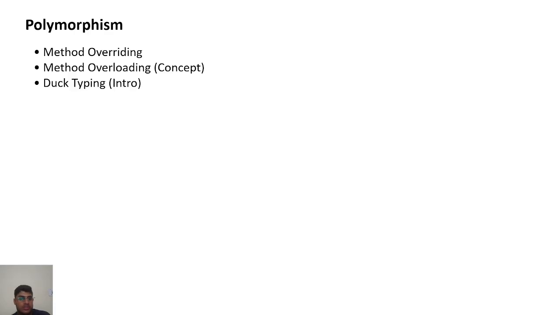What is polymorphism? Polymorphism is the ability of the same method or function to behave differently for different objects. It makes programs more flexible and reusable. Why use polymorphism?